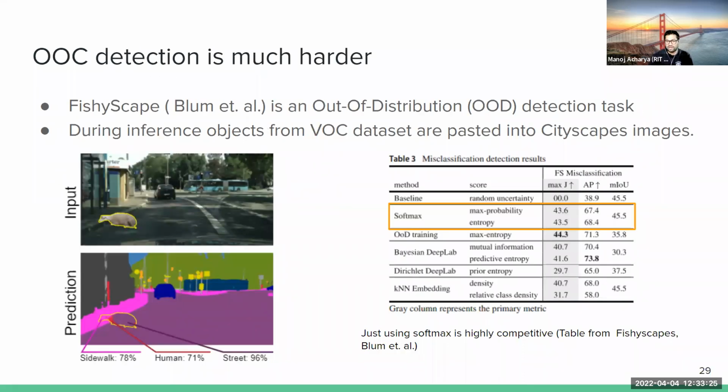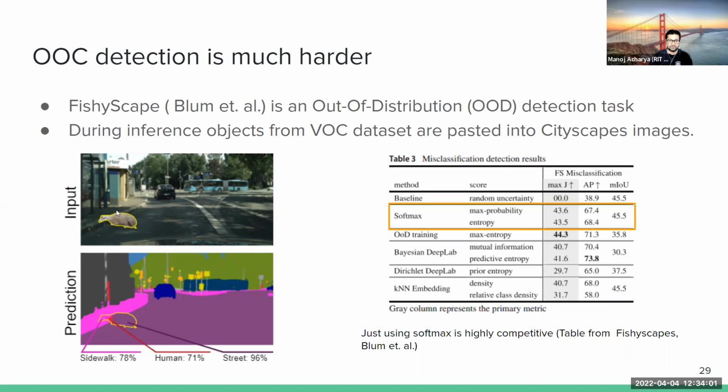I would like to point out that this task, out of context prediction, is much harder than one of the tasks that is usually discussed, called out of distribution detection, right? In out of distribution detection, for example, the picture here is an example from Cityscapes images, which is usually a road scene dataset, and you pick out object categories from other datasets such as VOC and paste them on top of these images.